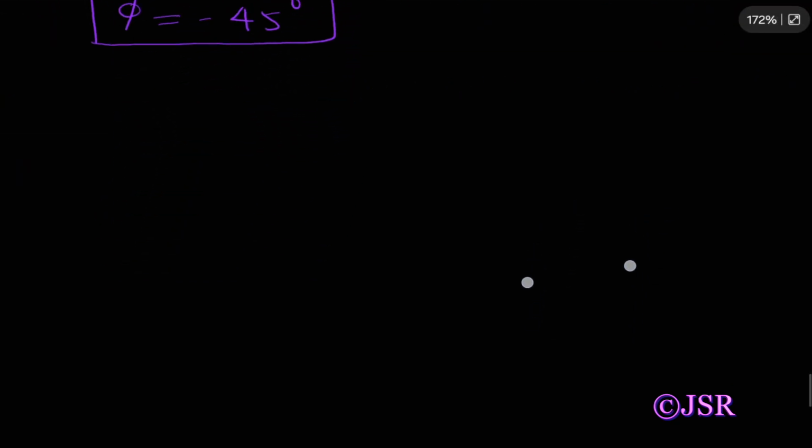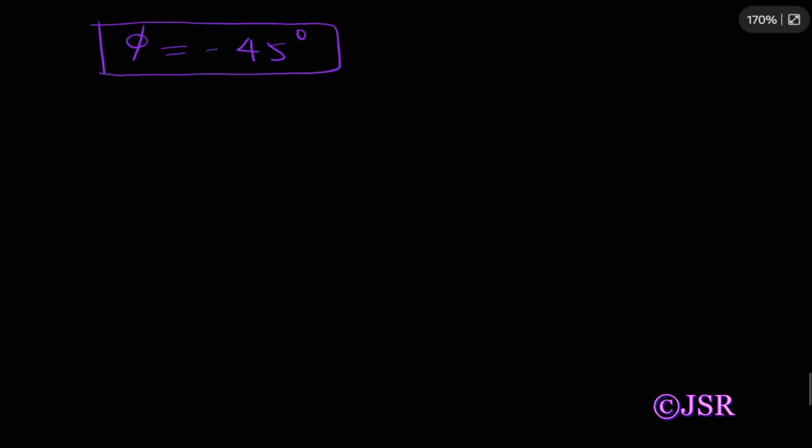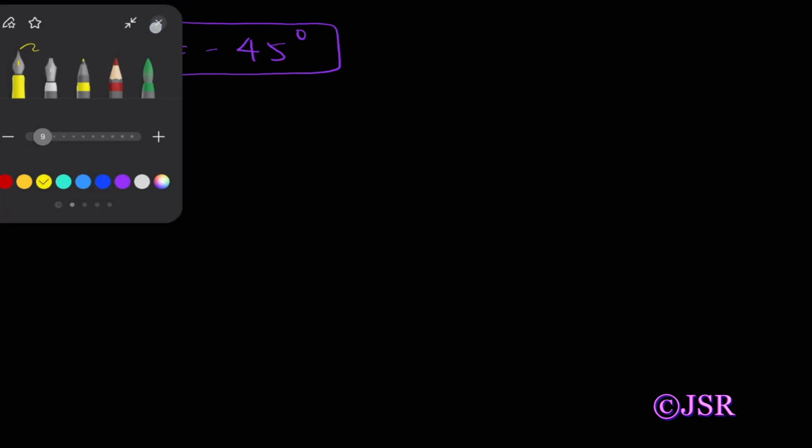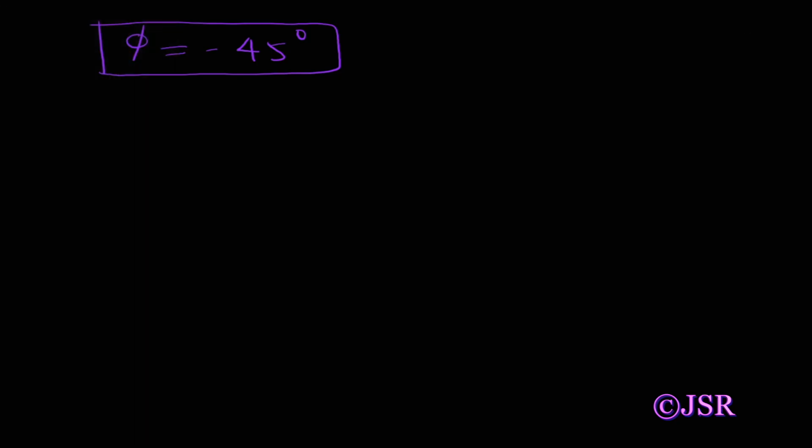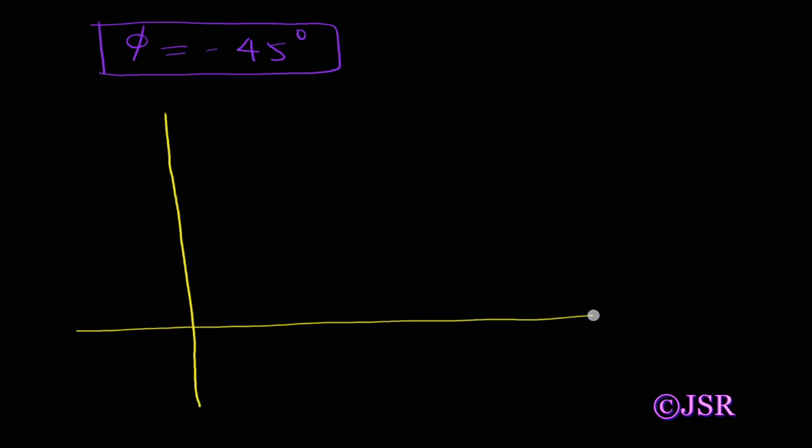So now let's plot the Bode diagram. In the Bode diagram we will have omega in the x-axis, and here we will have AR by KP.